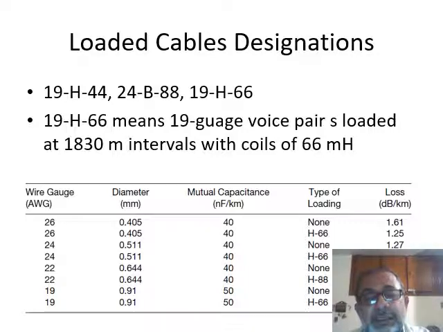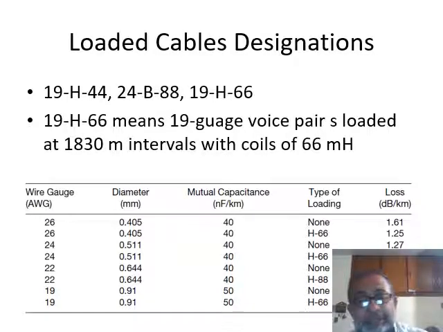Here the letter H gives you the letter code that we have studied in the last slide. 19 means the gauge of the voice pair which is being loaded, and 44 means, for example, in the first case 19H44, the value of inductance which is given in millihenries. So this is a certain designation of the loading coils.